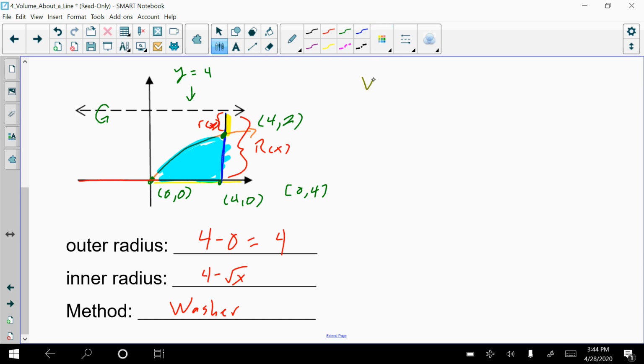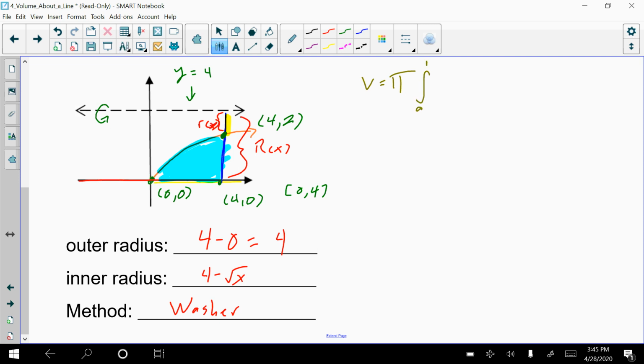The volume using the washer method is going to be the integration from A to B. Oops, I'm forgetting pi. Because we have a circle, we're finding the volume of a cylinder essentially: pi times radius squared times the height. Pi is that constant, so it's going to be outside of the integral.